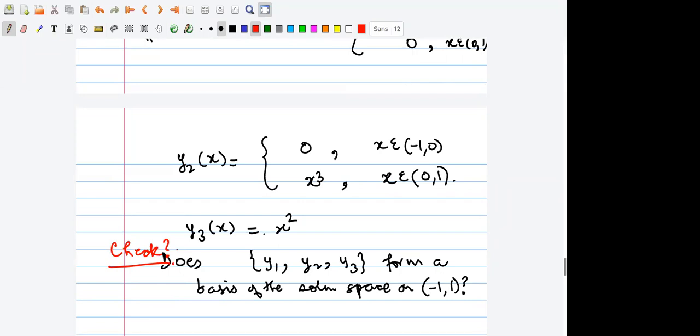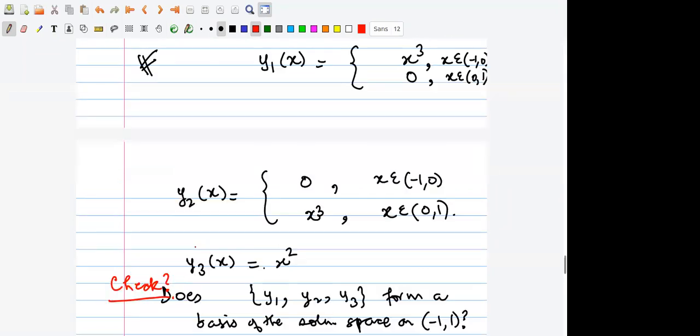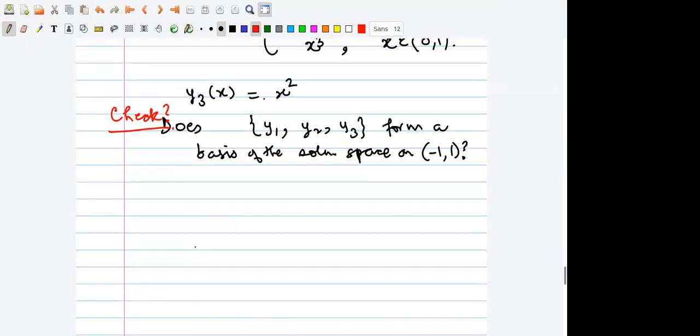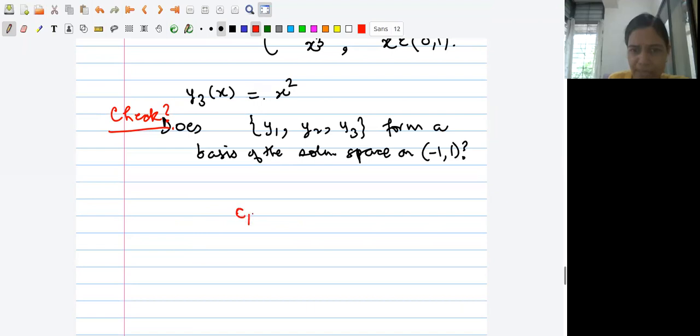Somebody had commented before on the cases we had before. Let's say instead of C1 x square and C2 x cube, we had x cube and x to the power 4, and x power 4 is not the solution of the ODE. Let's say for some ODE we had other solutions, x cube plus x to the power 4.